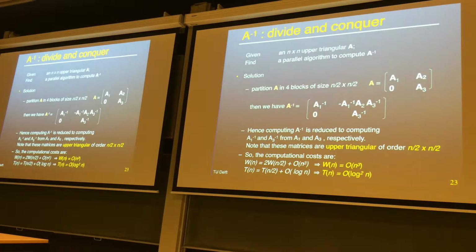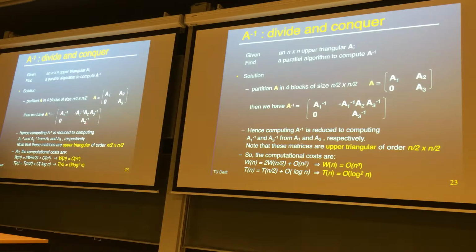So if you would apply this procedure in a recursive way to the submatrices and end up finally with a matrix of size 2 by 2, in which you can find the inverse almost immediately, then the total number of operations required would cost you, well, W(n) = 2 times W(n/2).